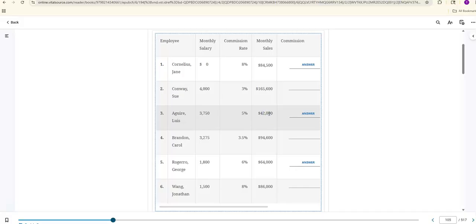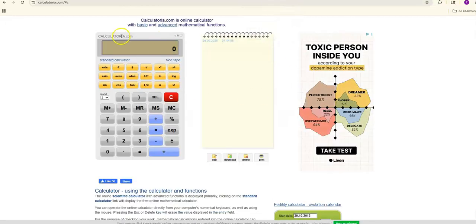And let's say that his monthly sales are $42,000. So when we calculate this in Calculatoria, the first thing we're going to do is to calculate his commission amount. His commission amount is simply his monthly sales, so $42,000 times 3%.